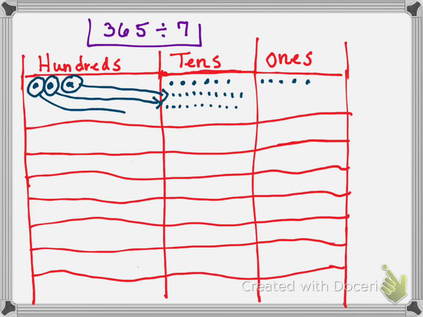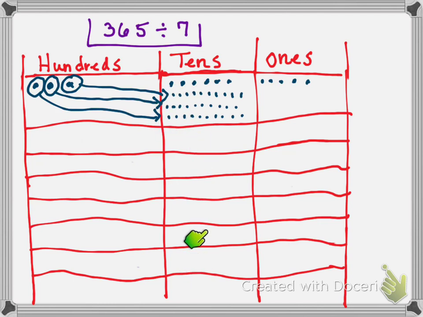And this last 100, break it into 1, 2, 3, 4, 5, 6, 7, 8, 9, 10. Okay, so now we've got 30, 31, 32, 33, 34, 35, 36. So we're going to take these 36 tens and break them up into 7 groups.